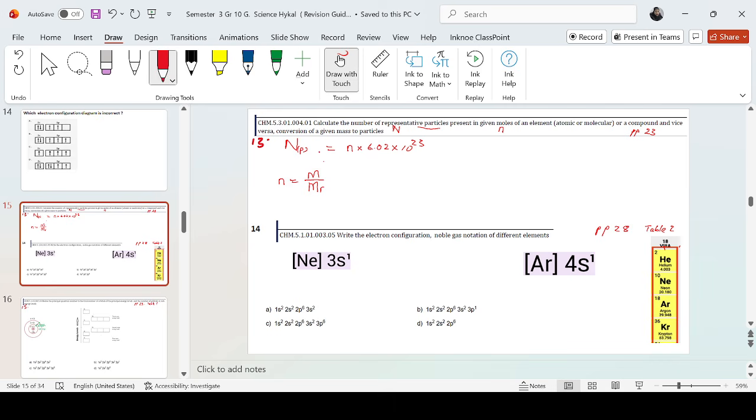Number 13. We are almost there. Calculate the number of representative particles present in a given moles of elements, atoms, molecules, or compounds, and vice versa. Okay.